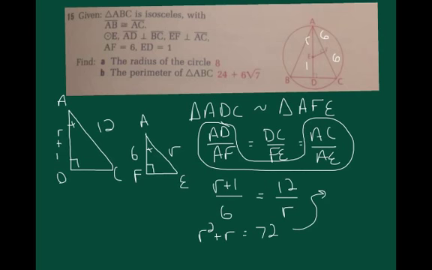Solving for R, this quadratic becomes R squared plus R minus 72 equals 0. So that must be R plus 9 times R minus 8, so R equals 8.